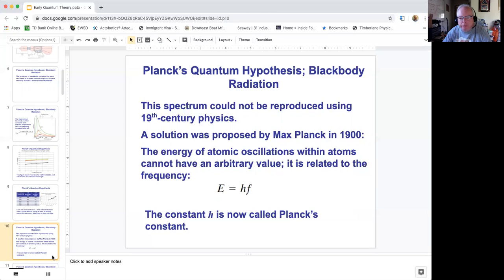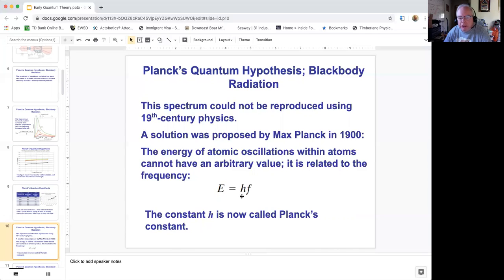At the turn of the 19th to the 20th century, Max Planck said, well, let's just try a thought argument. Let's just suppose that the energy associated with light comes in bundles.